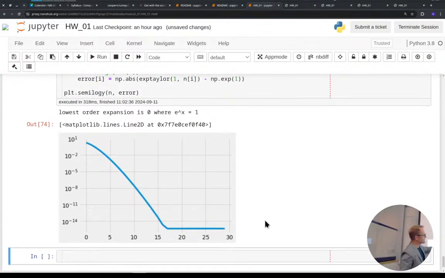And now I'm seeing that it takes really like 15 orders to be almost as accurate as NumPy, and anything above like 19 or 20, there's no difference. The computer can't calculate a difference between those two. So here, truncation error, and then at this point we're just at round off error. We just have two functions that are rounding to two different numbers.